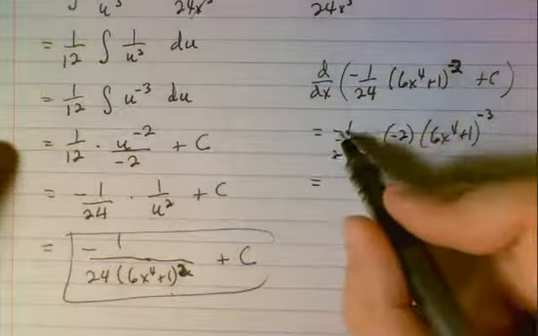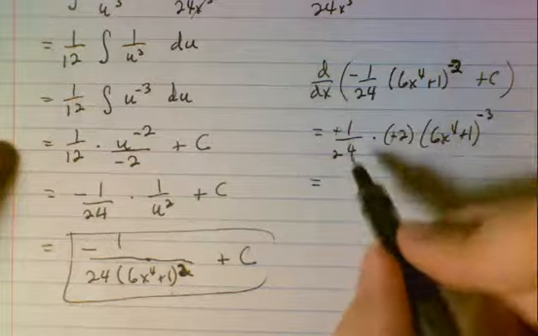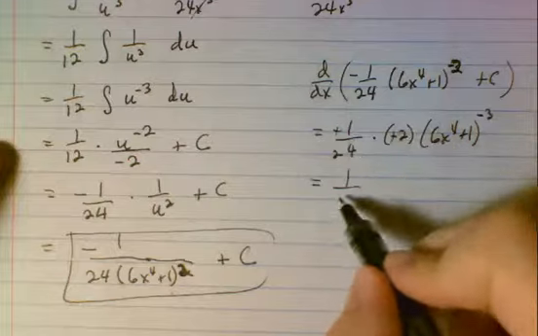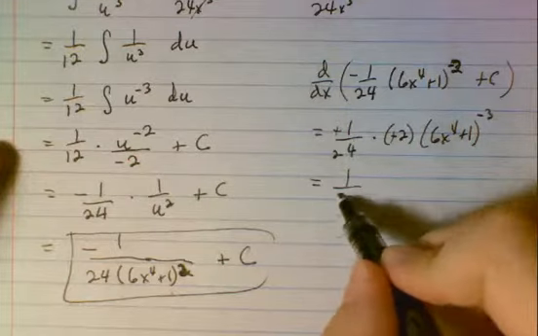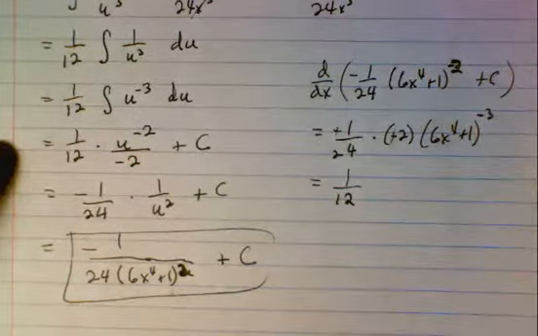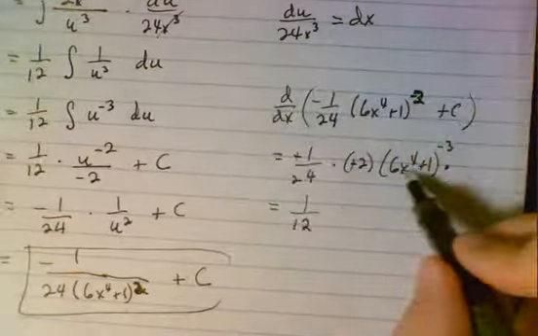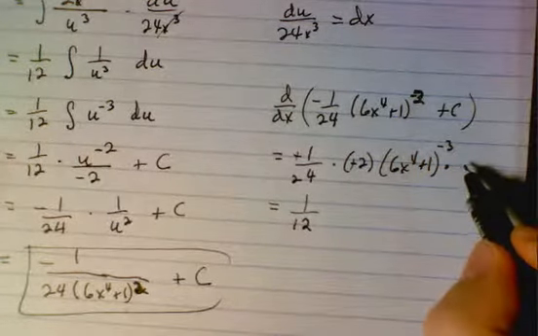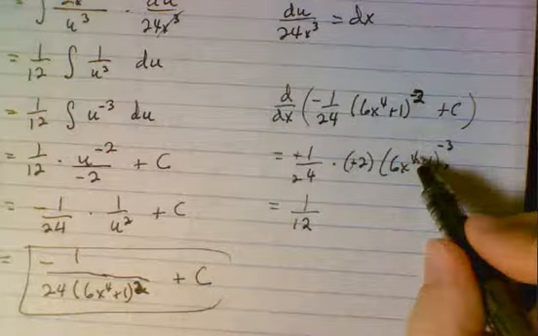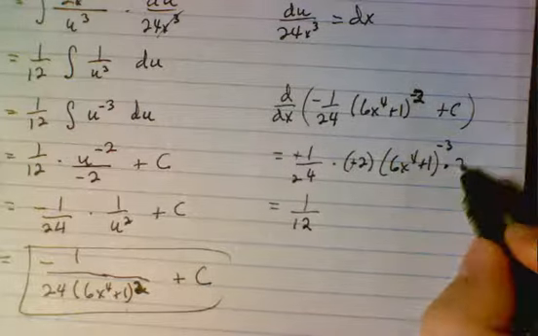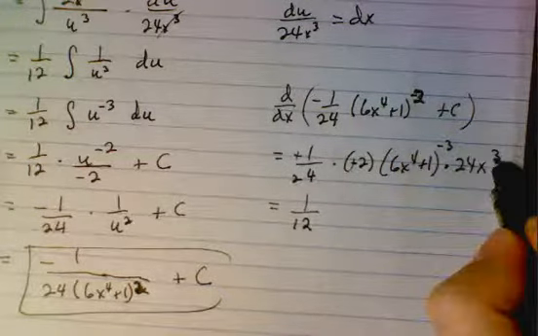So negative times negative is a positive. 2 divided by 24 is 1/12. And then as I'm going along here, I notice that I forgot to put in my chain rule. I've got to do the derivative of this over here. 4 times 6 is 24, x to the third.